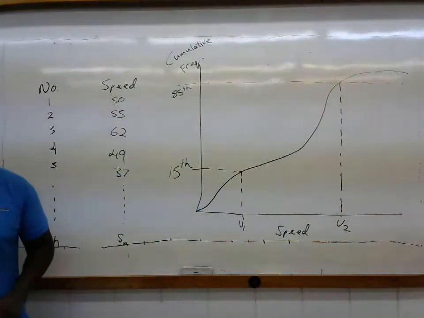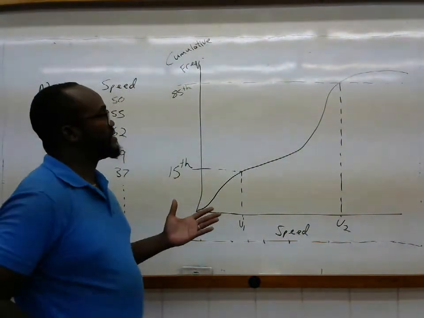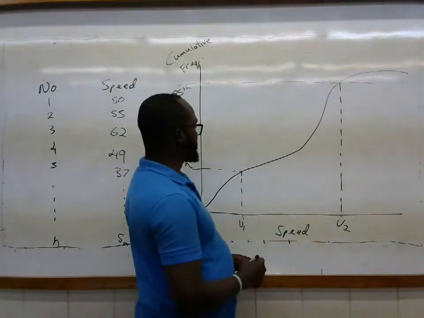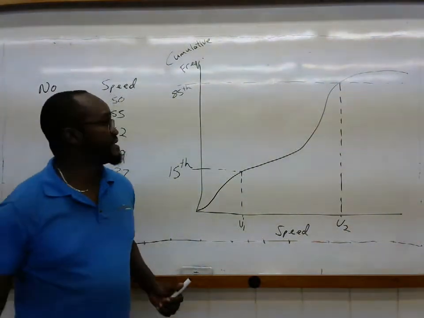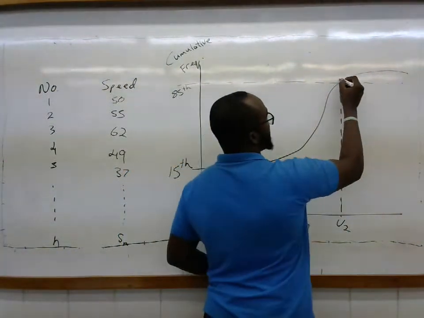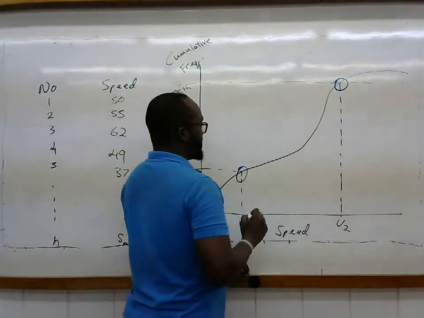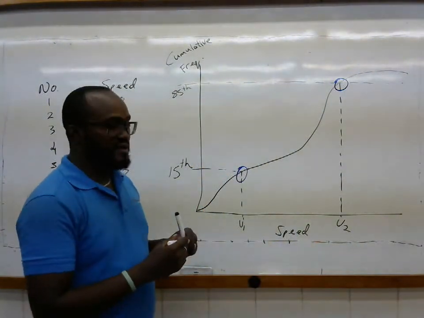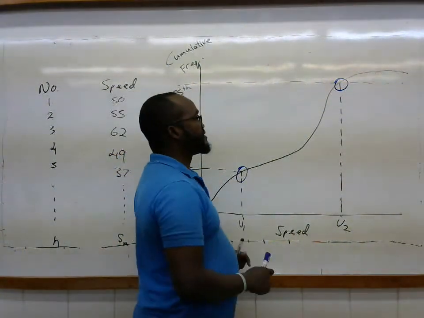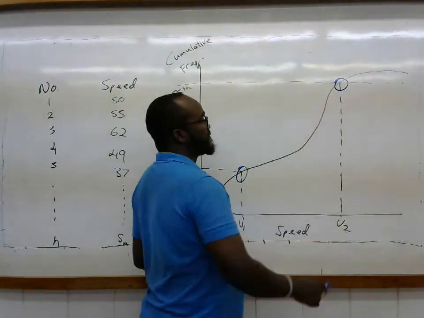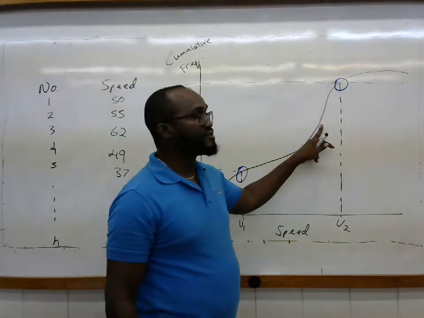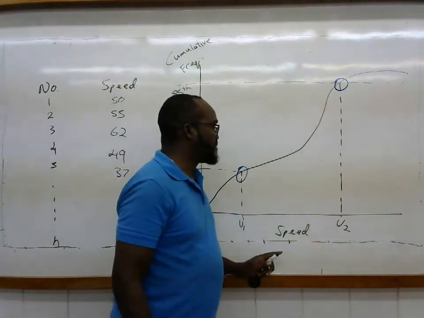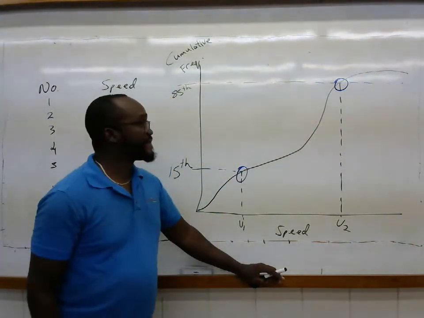So, cumulative frequency. Again, why is cumulative frequency such an important tool in our traffic engineering analysis? Well, in terms of speed, the cumulative frequency essentially tells you at any point along the curve the speed at which a certain percentage of drivers will actually be found to be driving.